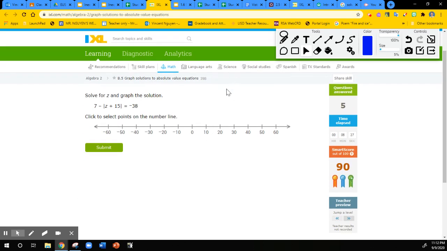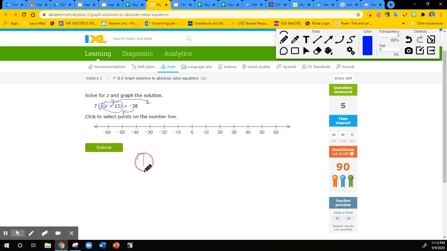All right, in the challenge zone, we see that we have a negative here, okay? So you can treat this as, let's say, a variable. So if you are solving for this variable, you need it to be positive. So I am going to move the whole entire thing over here to make it positive, and then I will move the negative 38 back, right? So I'm just switching sides so that this actually becomes a positive absolute value.